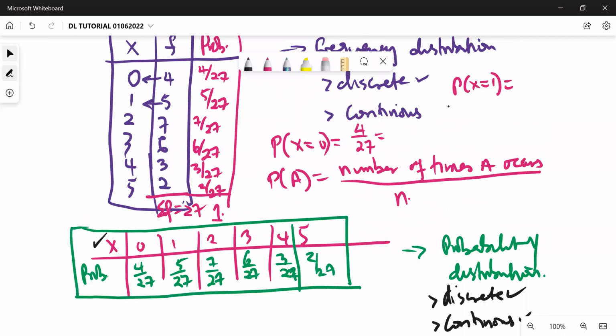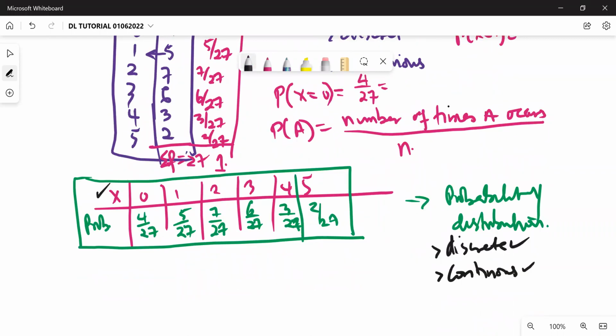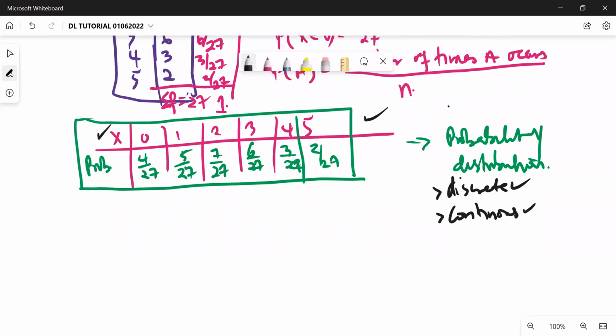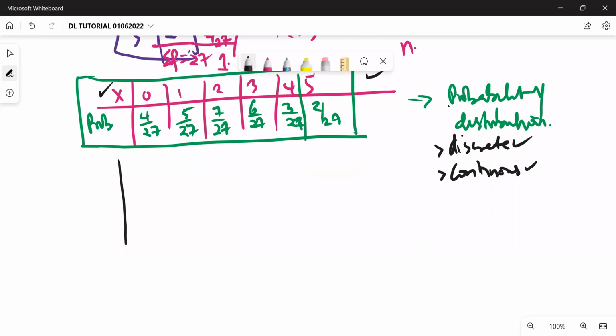So in a nutshell, what we call a probability distribution is a table like this one. It can be a graph because you can convert this information into a graphical format. So you can have values of X like this. Here you have probability.